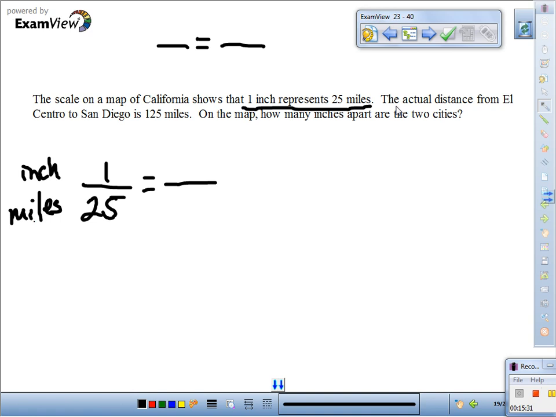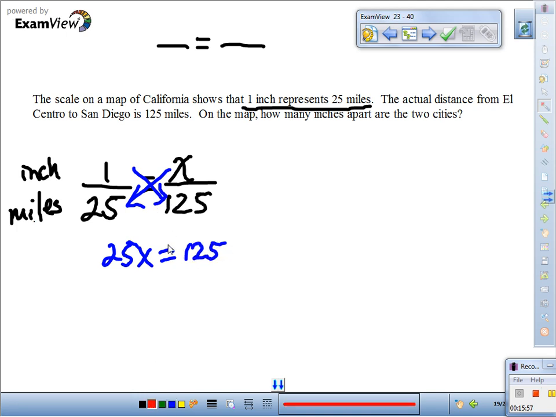Therefore, let's read the rest. The actual distance from El Centro to San Diego is 125 miles. Where should I place that, on top or on the bottom? On the bottom, because the miles go on the denominator, so that's 125. Therefore, what do I write here? X. So therefore, cross multiply, that's 25x equals 125. Let's solve.